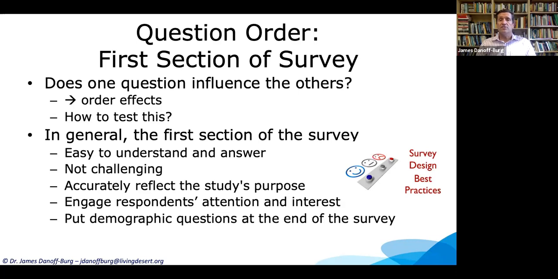So when you ask and structure the items in your survey in this fashion, from easiest to understand and answer, those that are not challenging at the front, and then maybe the heavier ones, the ones that are closer to what you're really trying to find out, maybe two-thirds of the way through the survey, you're going to engage the respondents' attention and interest, and you are going to bring them into the survey so that they become more and more interested in giving you information because they're interested in talking about that topic.